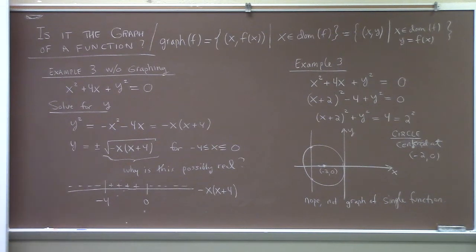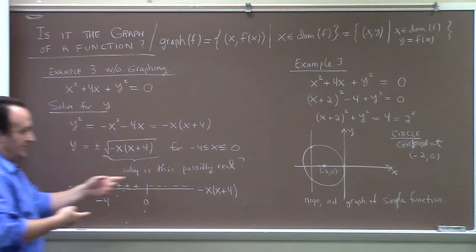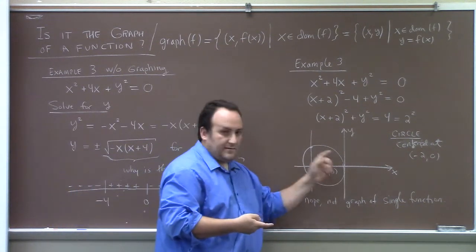But okay, so the calculation's fine, but the trouble is plus or minus, right? So it's not a single solution for y. Does that make sense that we found minus 4 to 0? Do you see why that is? Look at the graph we made. That's exactly where the circle is here, right?